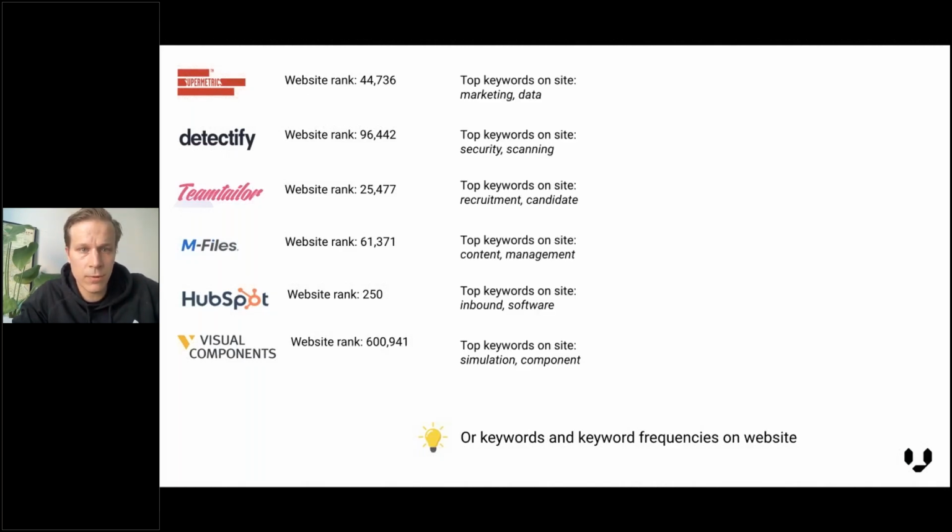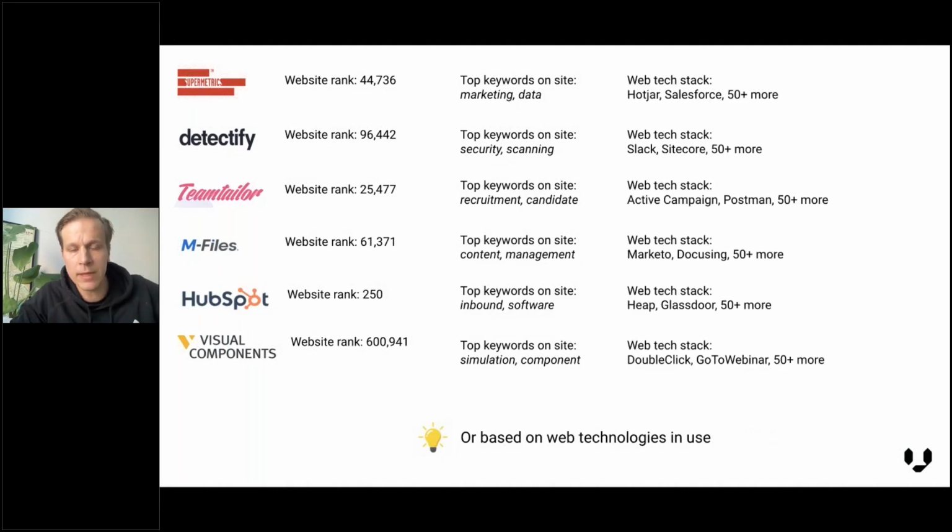You can also track most common keywords used. It's an easy way to look at the unique keywords that are very often mentioned on the site. That's another way to profile companies and really pinpoint the ones you need. If they talk about security scanning, it's a very different type of company versus one talking about inbound and software, for example. And then, of course, we've been adding lots of new web technologies that we track.